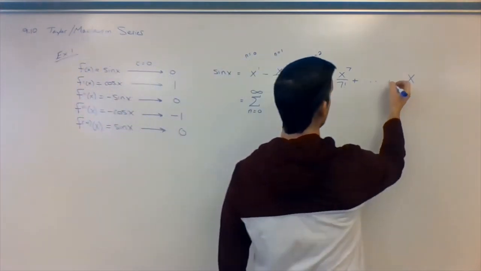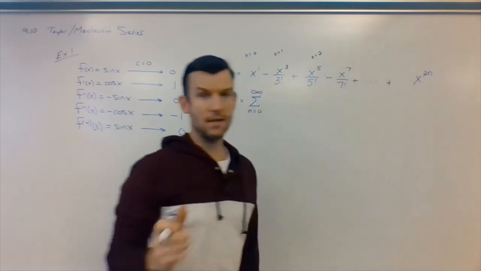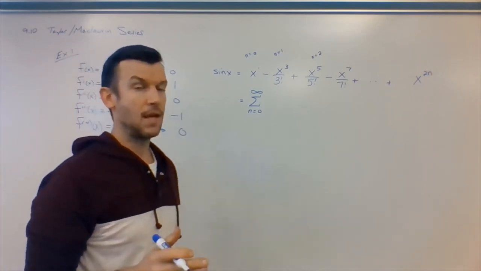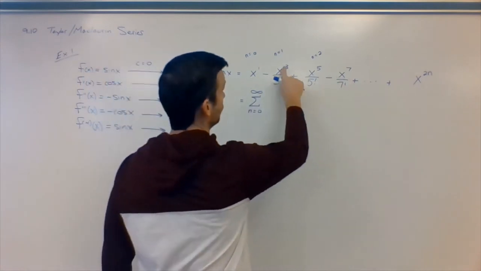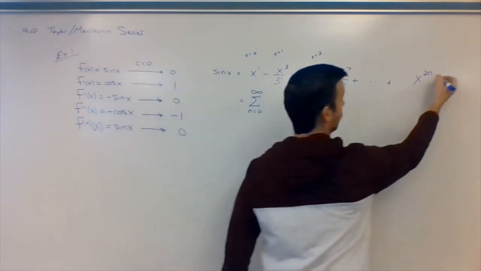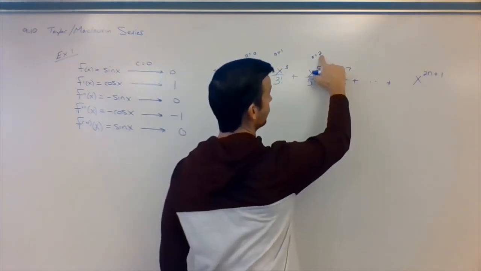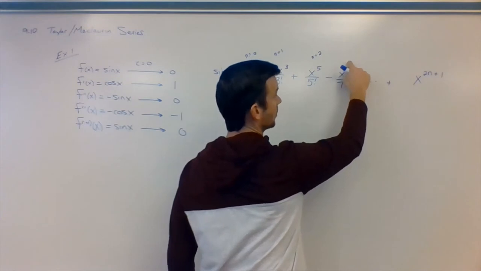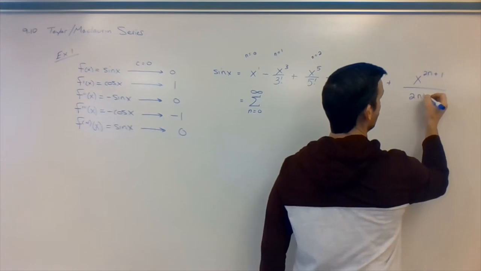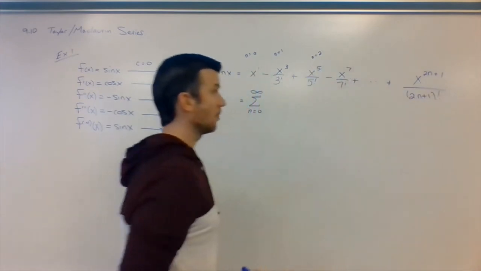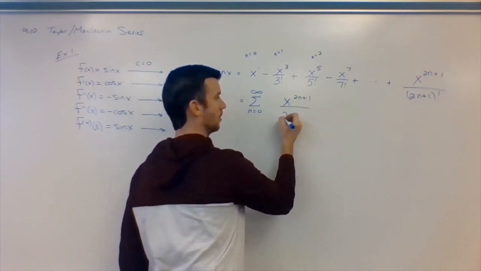So that's going to be x to the 2n, which makes it an even exponent, and then plus 1 is going to make it odd. 2 times 1 is 2, I would add 1 to get the correct exponent. 2 times 2 is 4, plus 1 is 5. 2 times 3 is 6, plus 1 is 7. So I know I have it set up correctly, and then I would have (2n plus 1) factorial in the denominator.